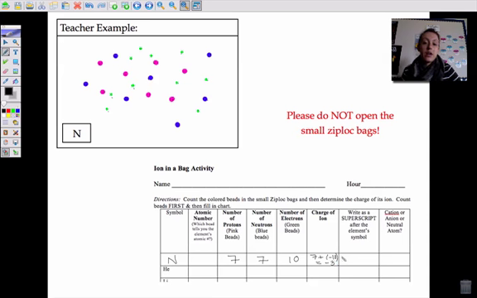It's negative 3. But now I need to write it as a superscript after the element symbol. So I have N as my symbol, the negative 3 in the upper right-hand corner. Now this should look familiar because nitrogen has 5 valence electrons based on its group number, which is number 15.